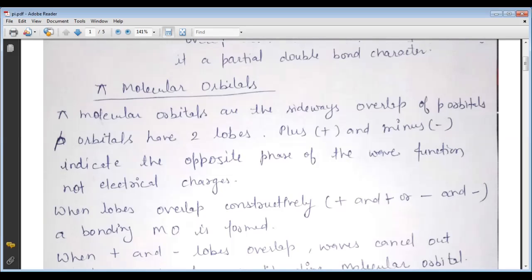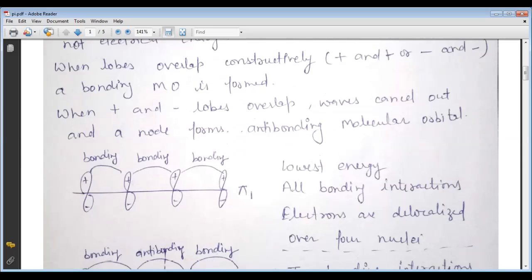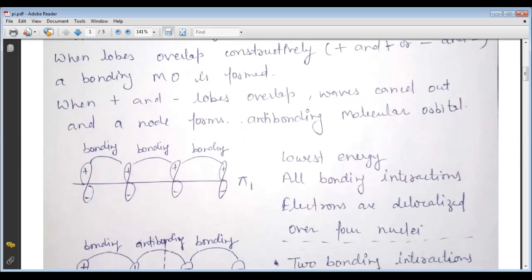When lobes overlap constructively, that is, they add, overlapping in the same phase, plus with plus or minus with minus, there is the formation of the bonding molecular orbital. And when the positive and negative lobes overlap, the waves cancel out and a node forms. This is called the antibonding molecular orbital.